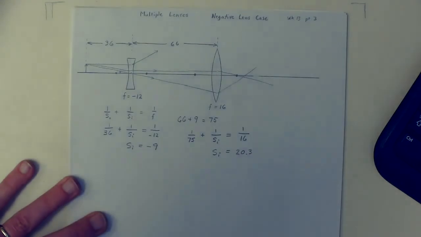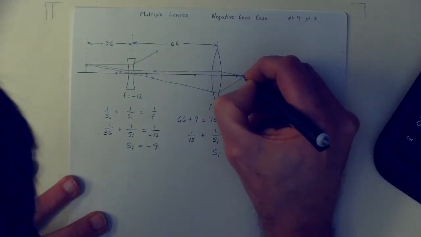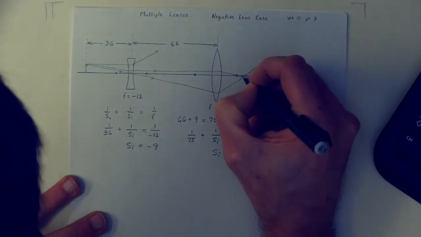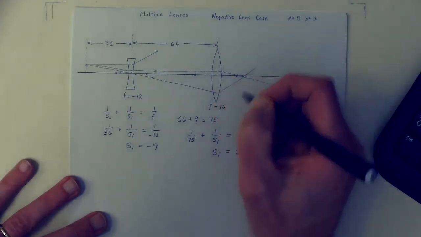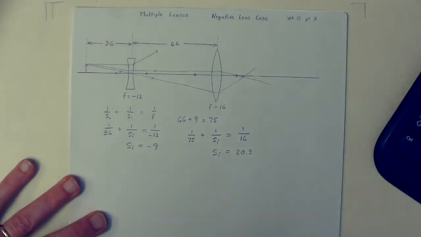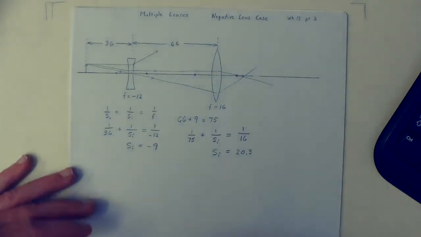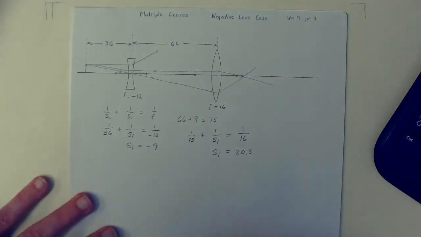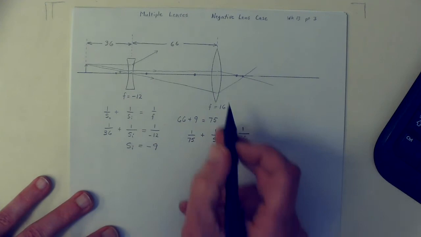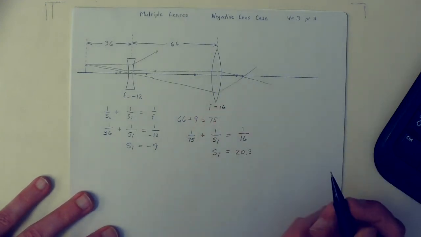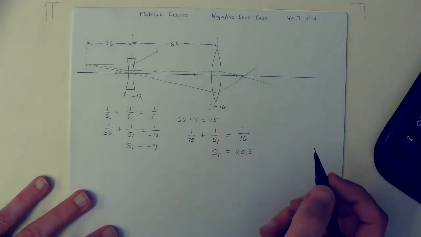Real close to it. So our image will form right in there, and it's going to be upside down, but it's a tiny, tiny little image. This diagram doesn't work very well. That distance, by the way, is positive because it's on the right in the usual sense, distance from the lens.